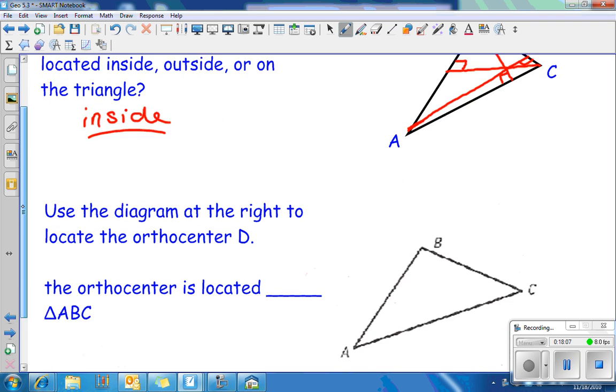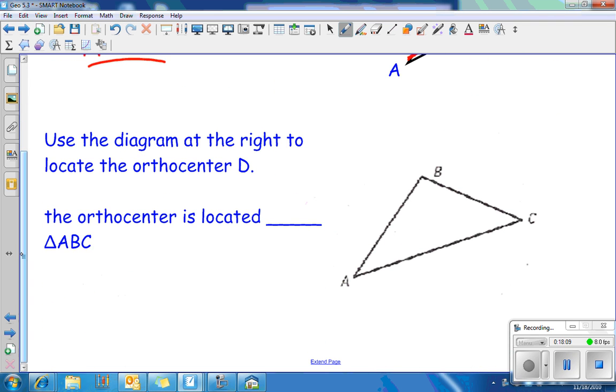All right? This one. Use the diagram at the right to locate the orthocenter D. The orthocenter is located blank on triangle ABC. Is it on, in, where? Let's see.